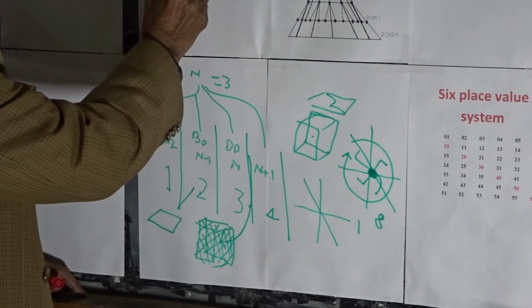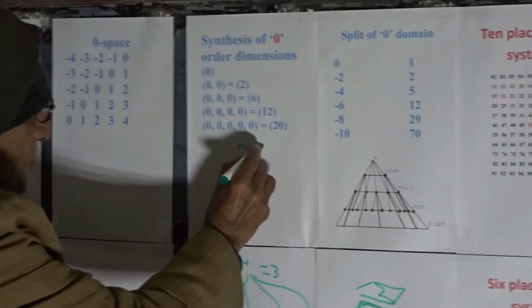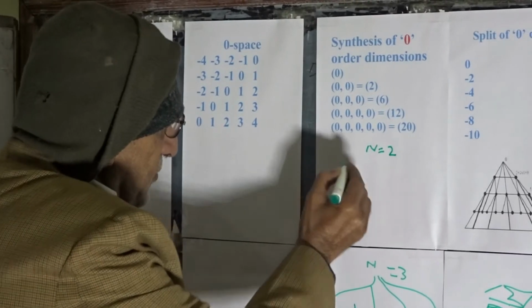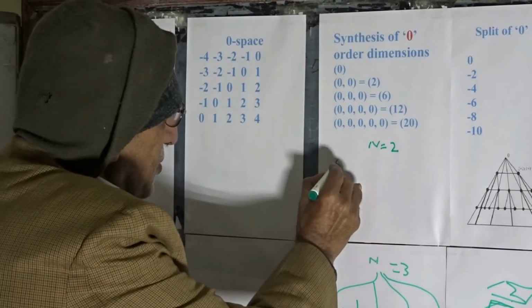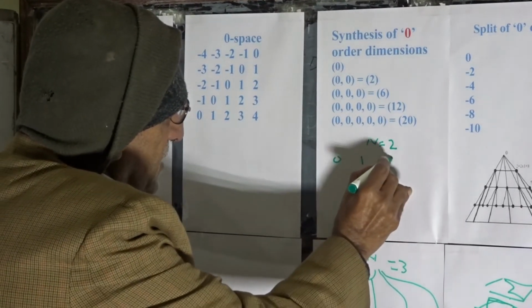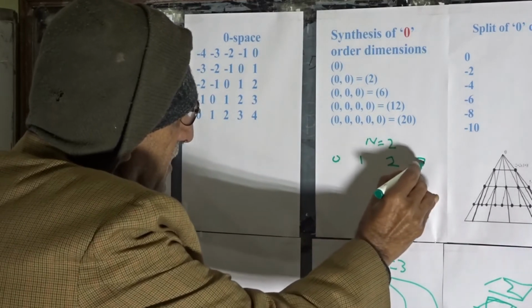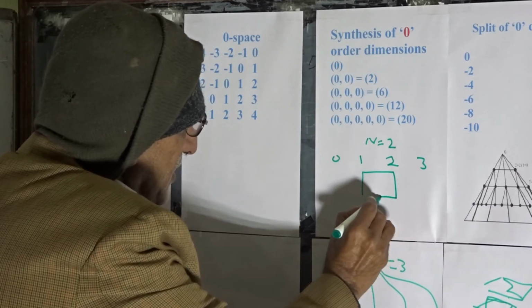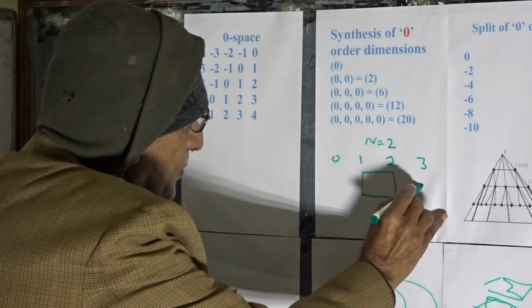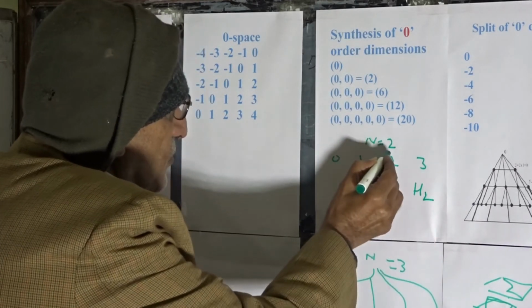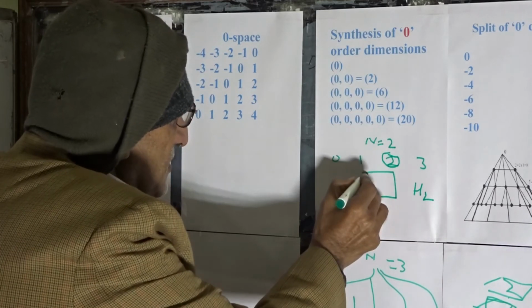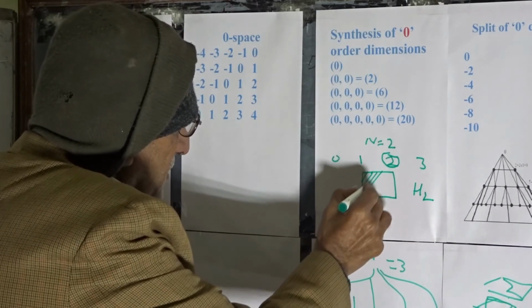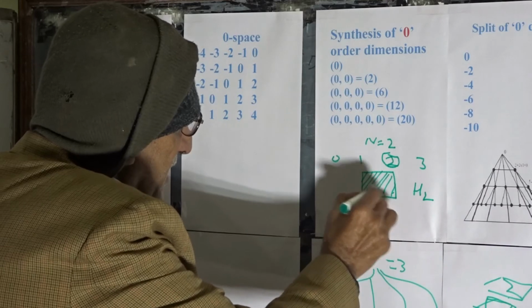However, when we will go to n is equal to 2, the situation would be that we will be reaching at 0, 1, 2 and 3. Now square, a representative regular body of 2 space, a hypercube 2, as far as the value 2 is concerned, which is responsible for the domain providing us an area.